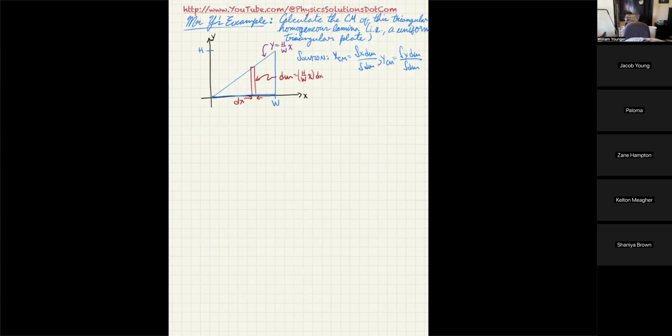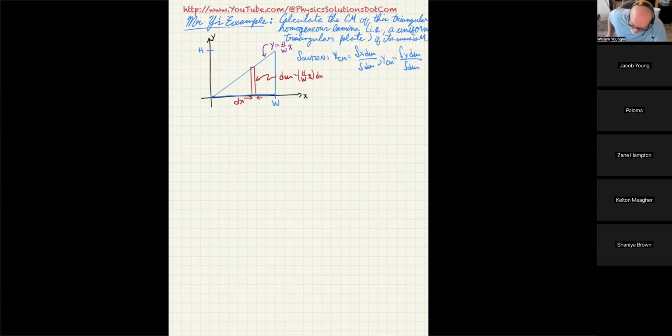We want to calculate the center of mass of this triangular homogeneous lamina, and I'm just going to call its mass big M and go with that, okay?